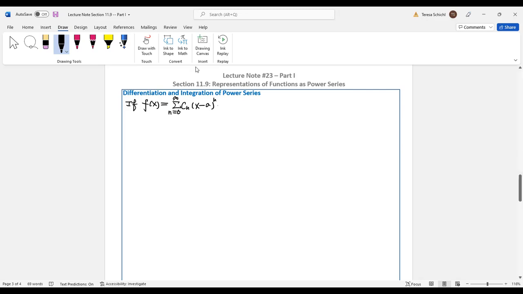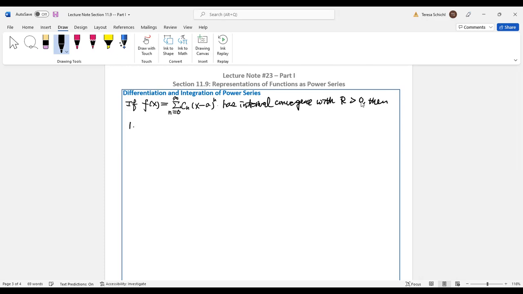And we know this series has an interval of convergence, with radius of convergence R greater than 0.